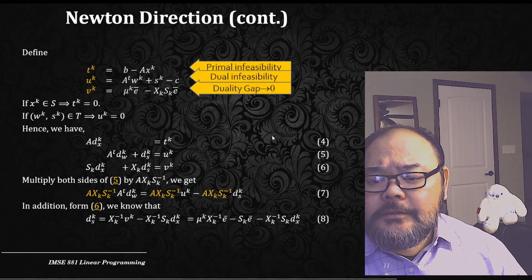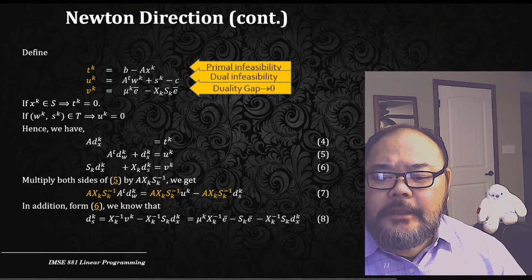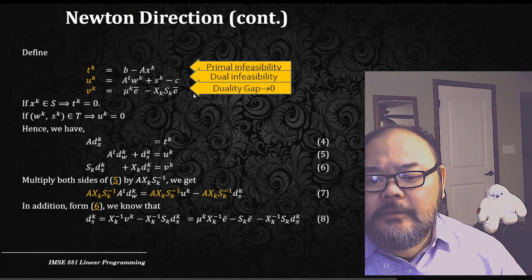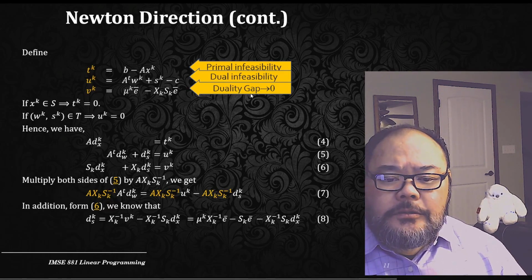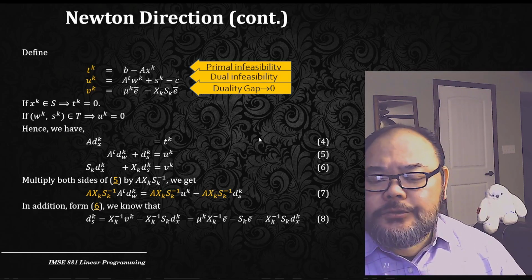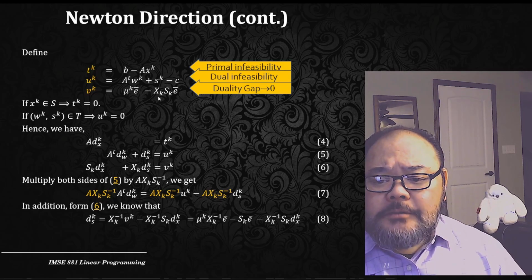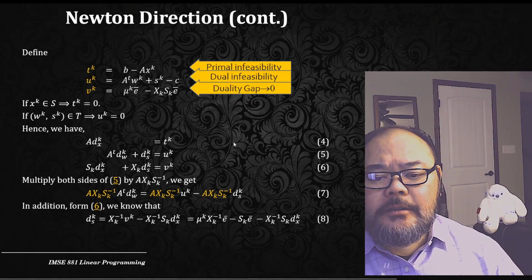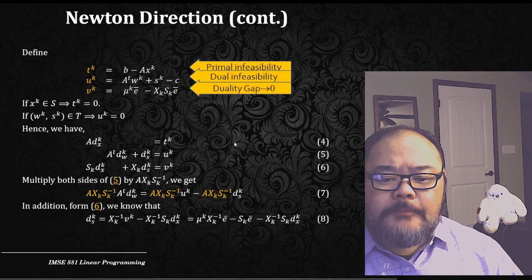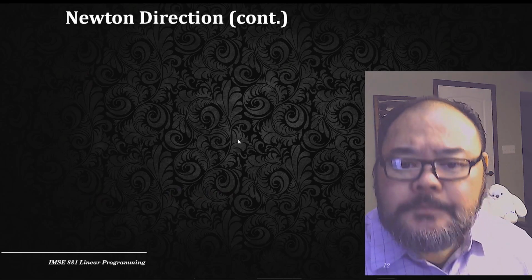And finally, the vk represents the duality gap, which hopefully in the end we're going to have reach 0. That means xk times sk equals mu k in the future. So that's what we're trying to achieve.